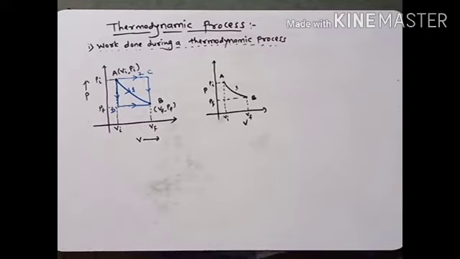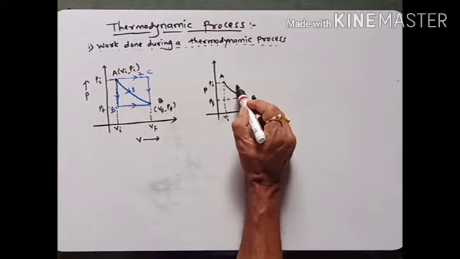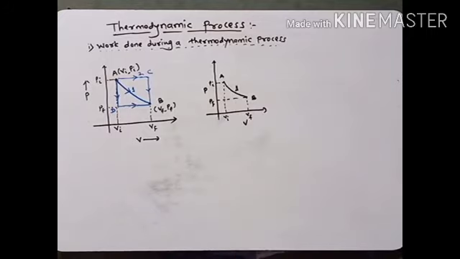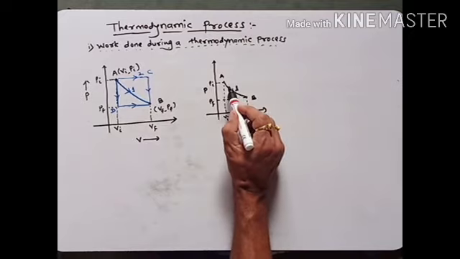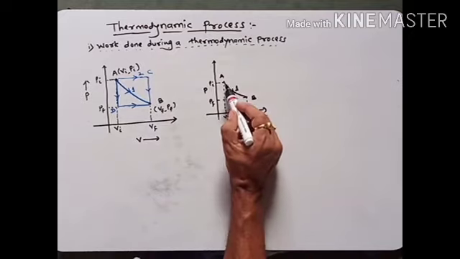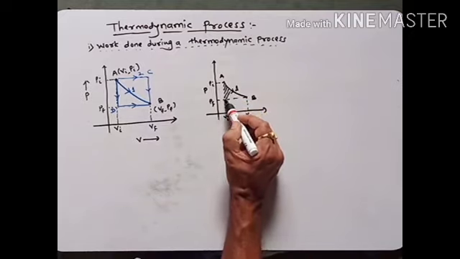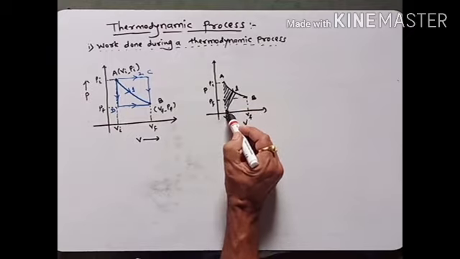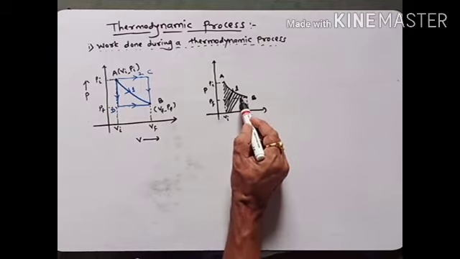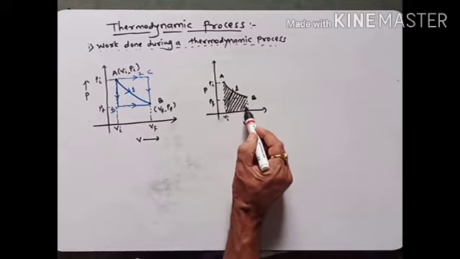Now the state changes by this way 1 from A to B like this, then the work done in this process is shown by the area under this curve. This is the work done.